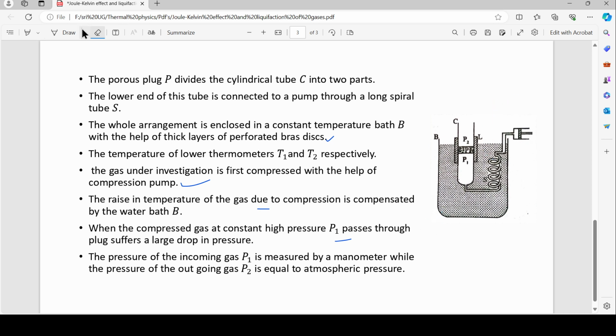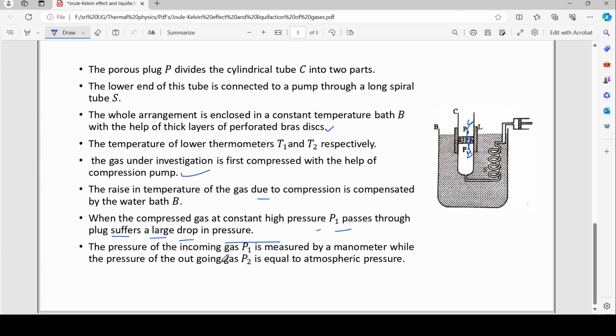When the compressed gas at high pressure P1 passes through the porous plug, it suffers a large drop in pressure. So at high pressure it becomes low pressure, and the pressure suddenly falls.